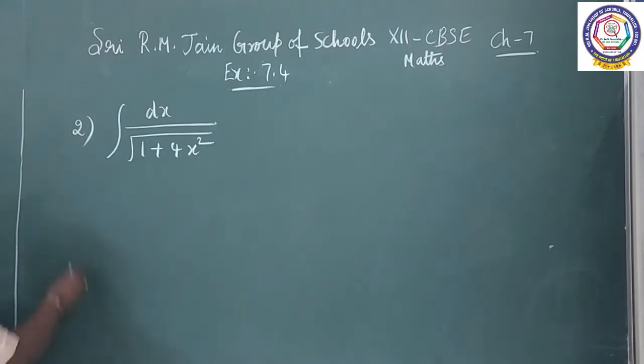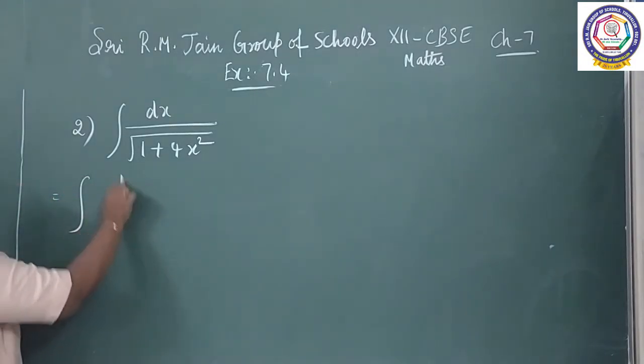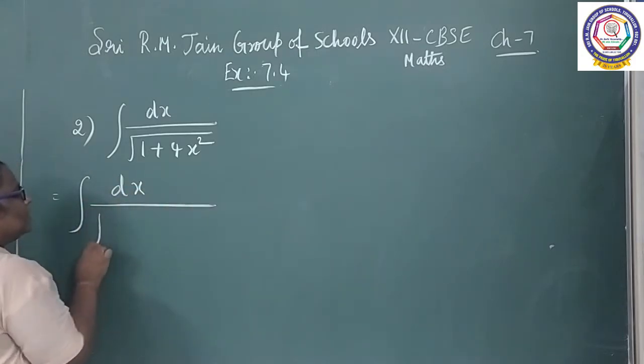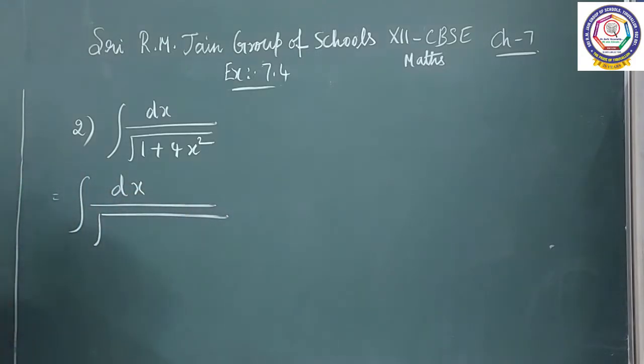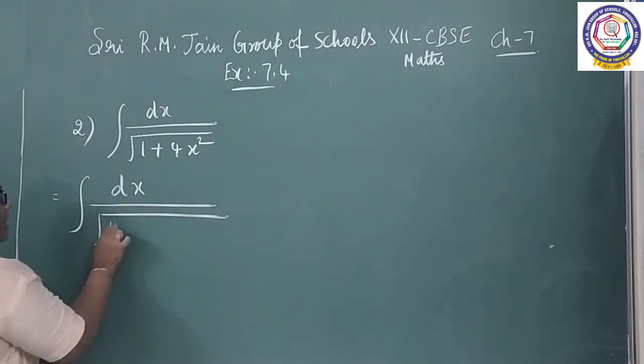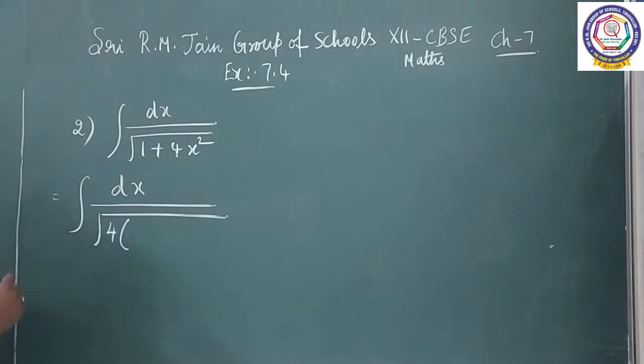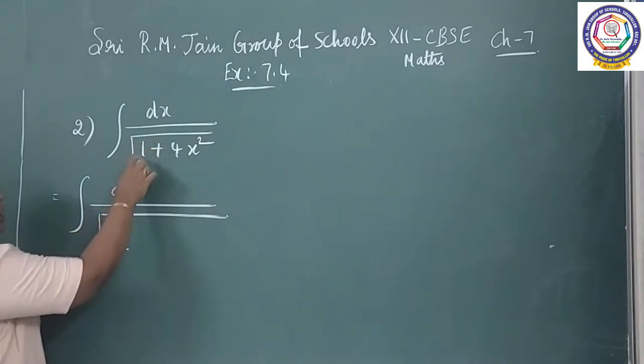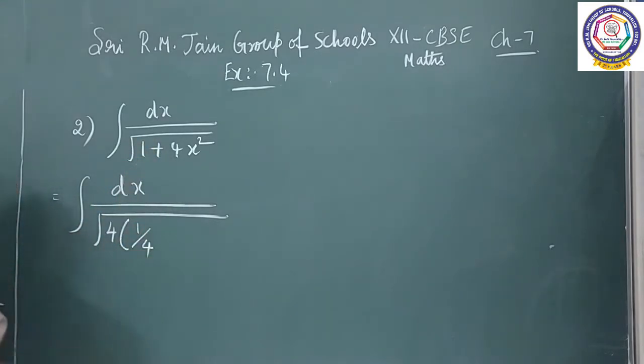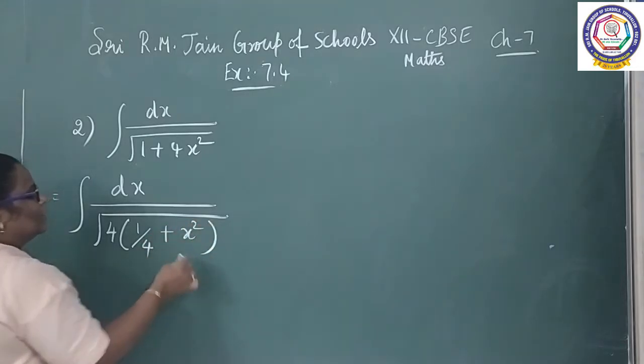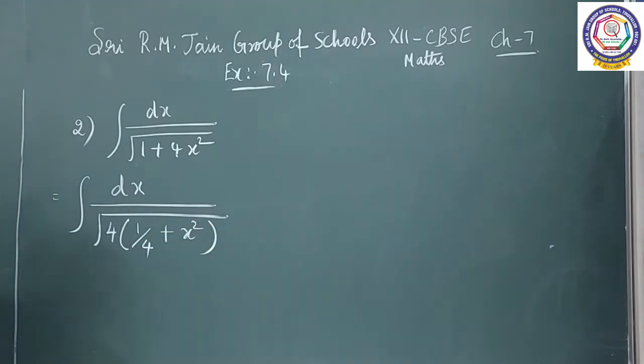See the second sum, integral dx by root of 4 plus x square. There is no coefficient in x, so you can take 4 out. The remaining thing, because it is not a multiple of 4, you can write as 1 by 4 plus x square.